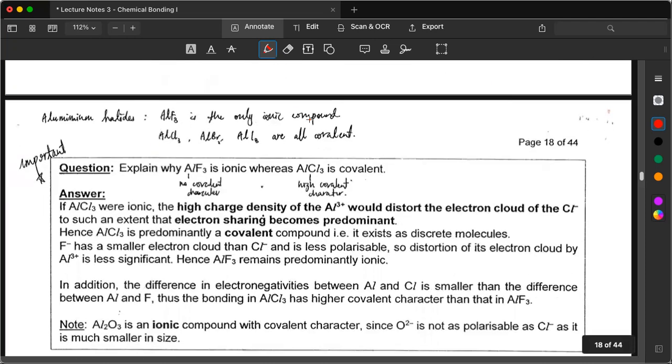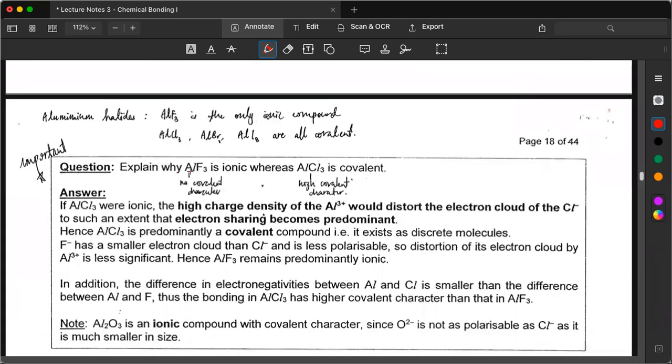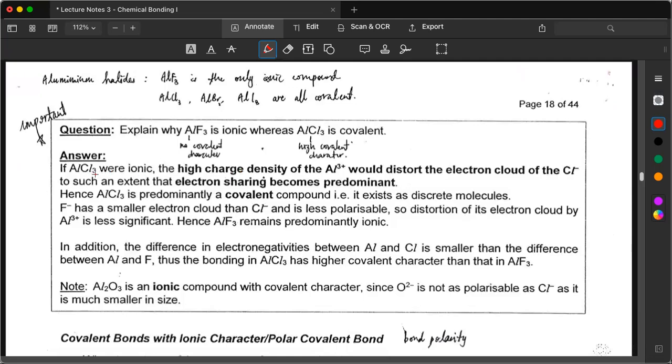So this is a question. Explain why aluminum fluoride is ionic, whereas aluminum chloride is covalent. In aluminum chloride, the high charge density of the aluminum ion will distort the electron cloud of the chloride to such an extent that electron sharing becomes predominant. So aluminum chloride is predominantly a covalent compound existing as discrete molecules.